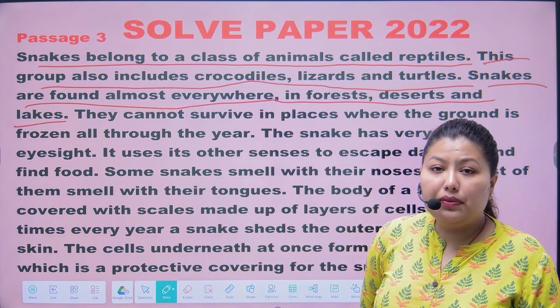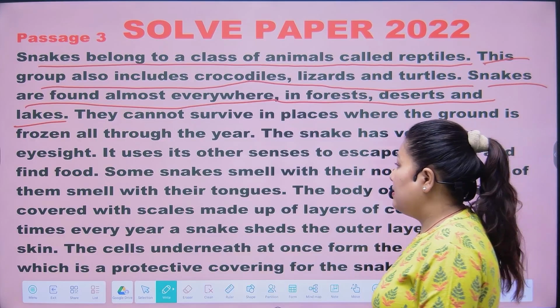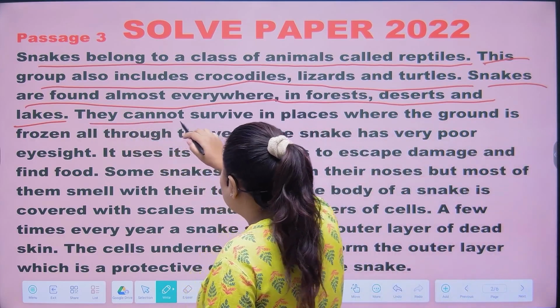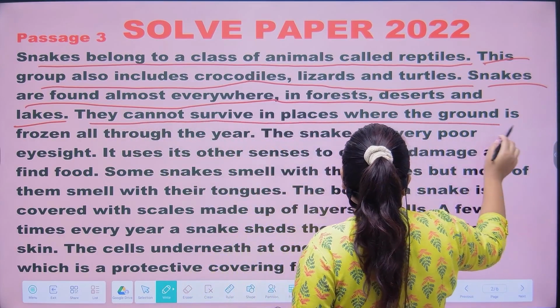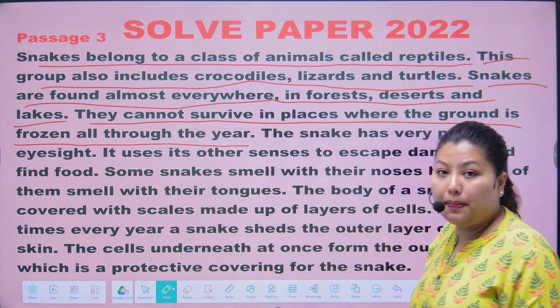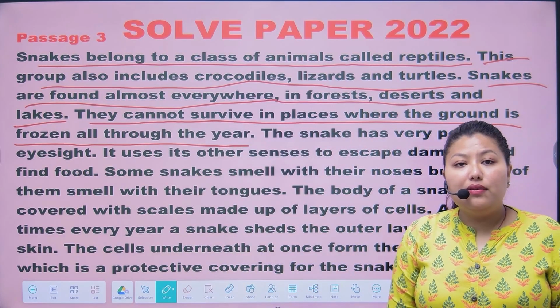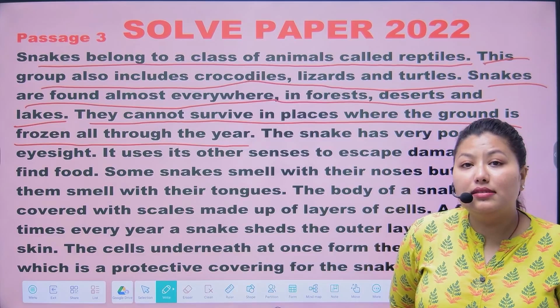Next question: in what kind of place can snakes not survive? The answer is, snakes cannot survive in places where the ground is frozen all through the year. Next question: what kind of eyesight does a snake have?